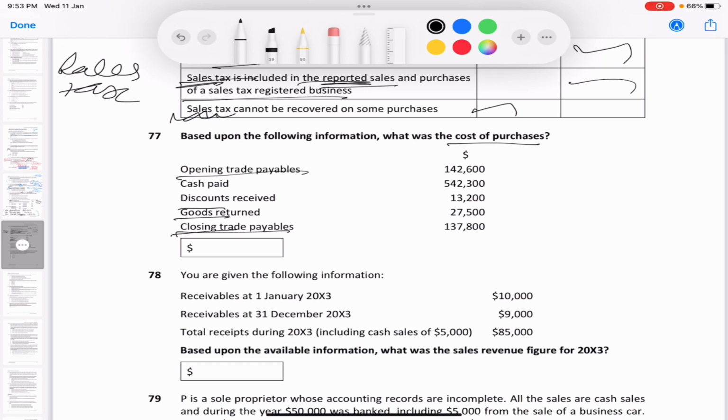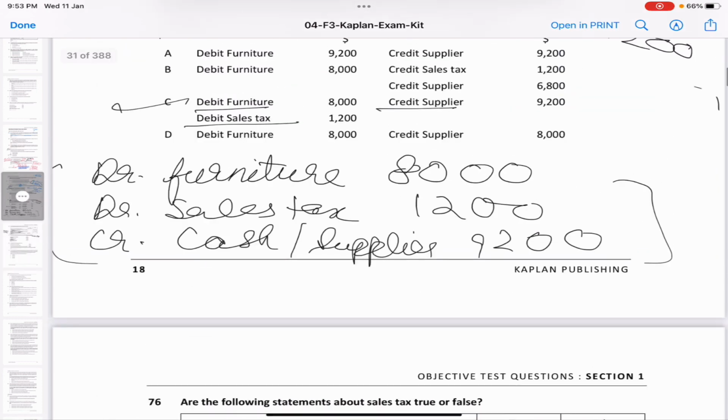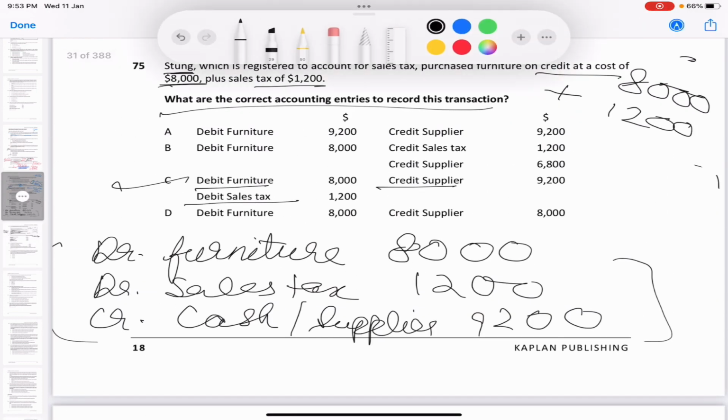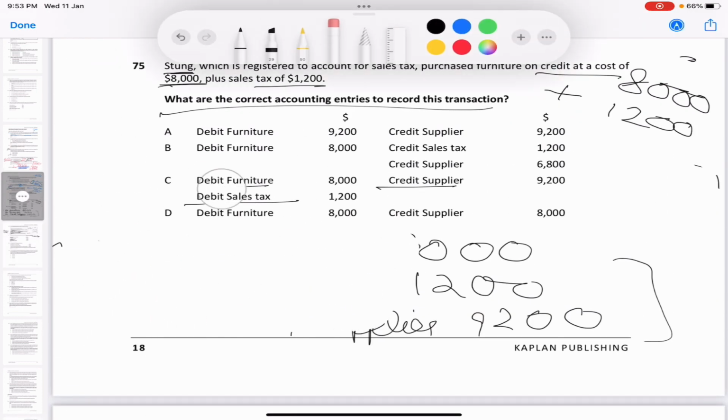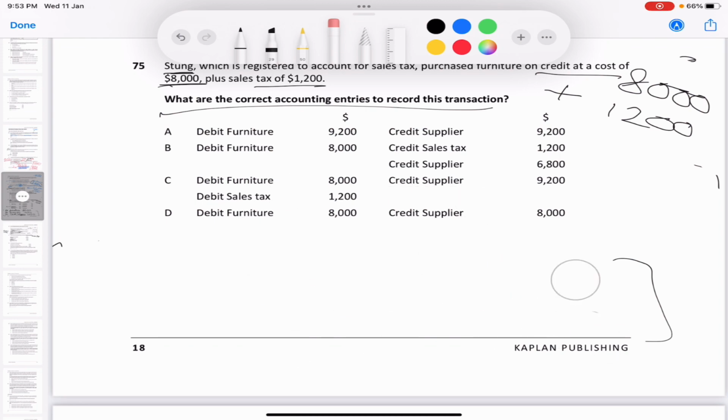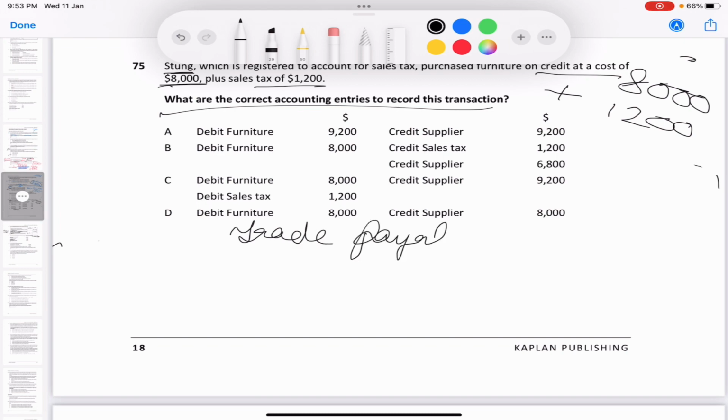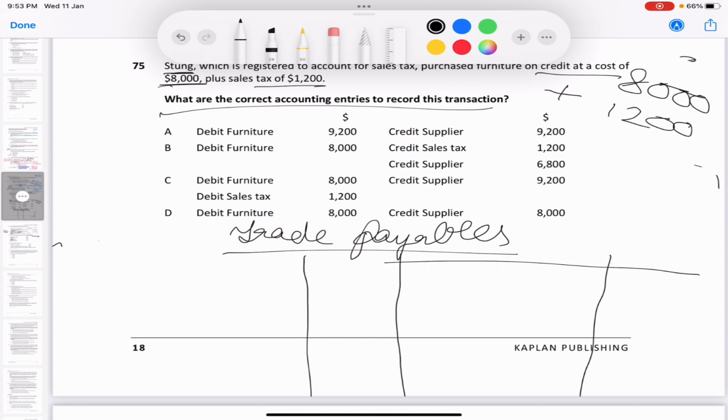Since both of them are given, let us just open a trade payables account. Why am I opening a trade payables account in this question? Because the opening and closing balances of the trade payables are given in the question. If both the balances are given, it is easy for me to do it.